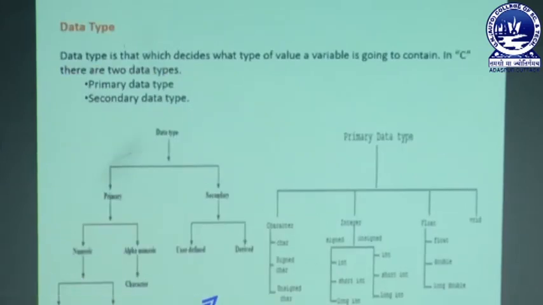Next, moving to the most important topic, that is data type. You can clearly see data type decides what type of value a variable is going to contain. Suppose I am writing x equal to 5. When I write x equal to 5, 5 is a number. Before storing a number or any value in a variable, we must specify the data type of the variable.